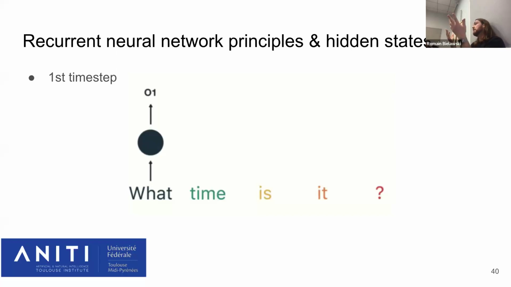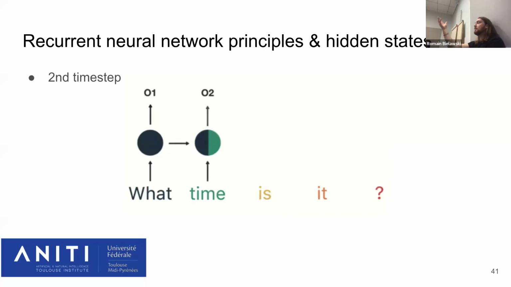Let's say it's going to create a vector for the word "what". Actually, the output here is optional because the network doesn't have to do anything yet, so it's shown that there is no output. However, the encoding vector of "what" is going to be passed to the network so that it has two inputs: the previous encoding of the previous word, and the vector for the word "time".